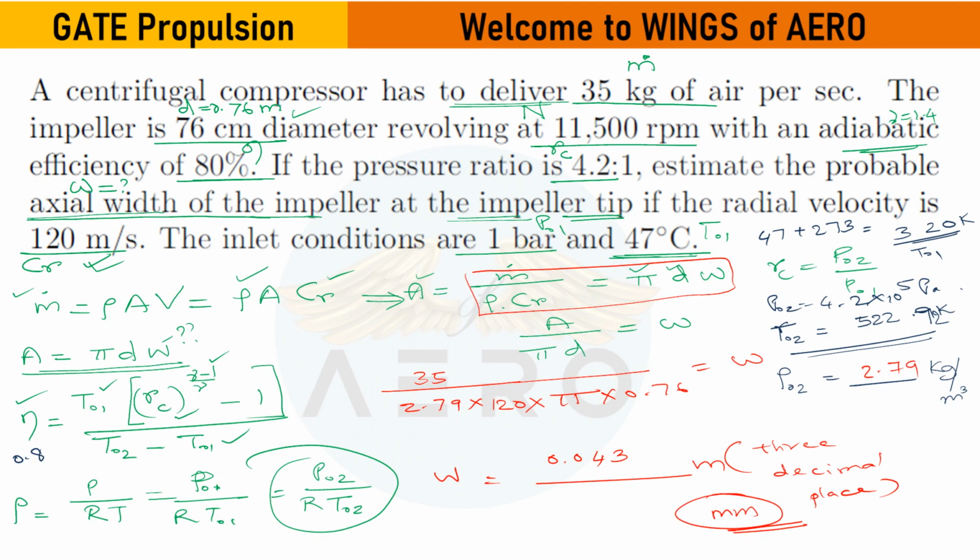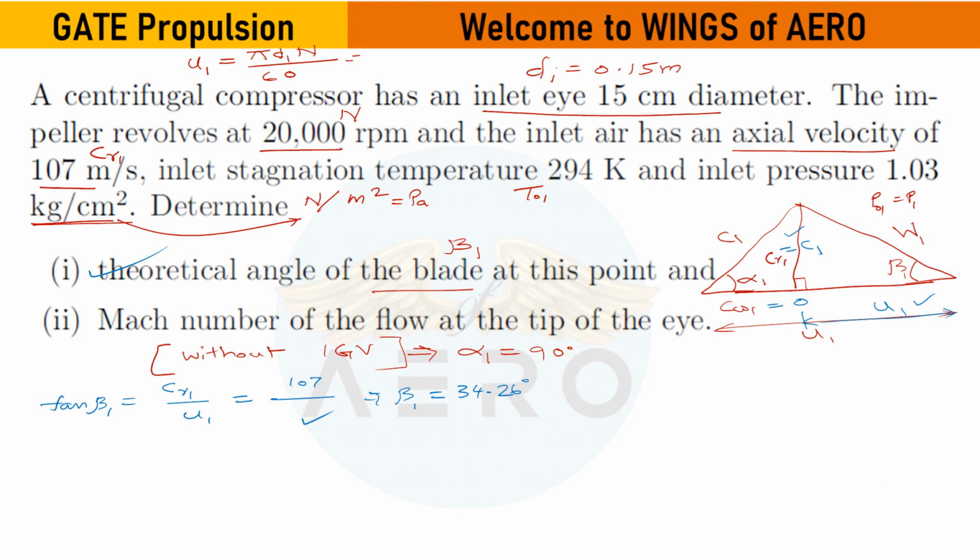Let me give you one difference. In the previous problem, what you studied was to estimate the probable axial width of the impeller at the impeller tip. And here it is the Mach number of the flow at the tip of the eye. There is a difference.